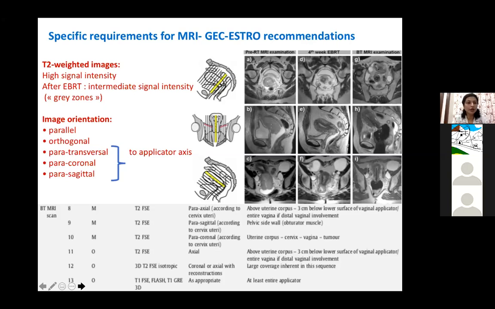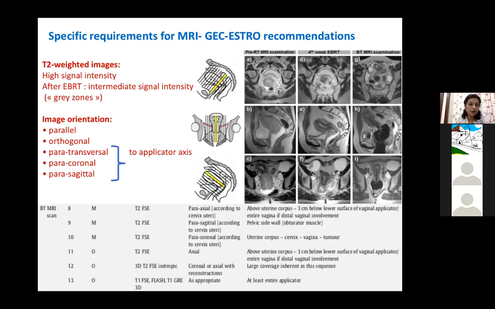For the JEC-ESTRO recommendations, the MRI has to be done at the time of brachytherapy, and you see the changes of the EBRT also, which show up along with the high signal intensity as intermediate signal intensity in the form of gray zones. Now, since we are doing these applications, the recommendation is of an MRI with the applicator in situ, you need to have an image orientation which mimics or is the same.